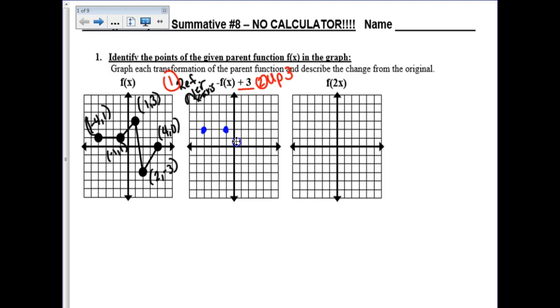Okay, line it up, that's good. This ordered pair, which is at 1, 3 originally, was reflected over the x-axis and then shifted up 3 units. Let's see, this guy here, 2, -3, was reflected over the x-axis and then shifted up 3 units.